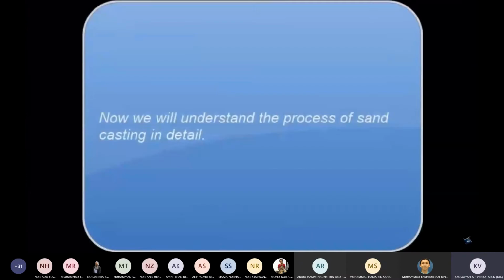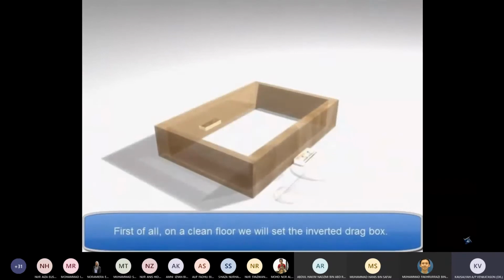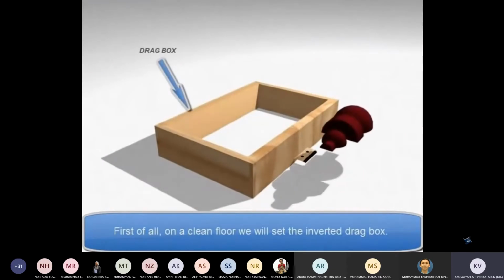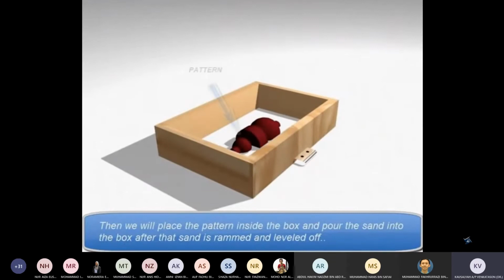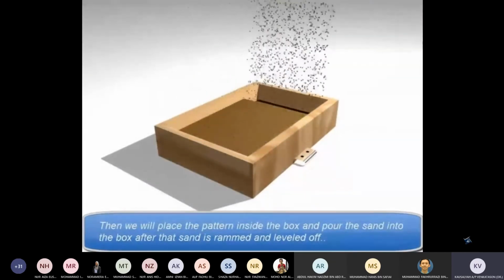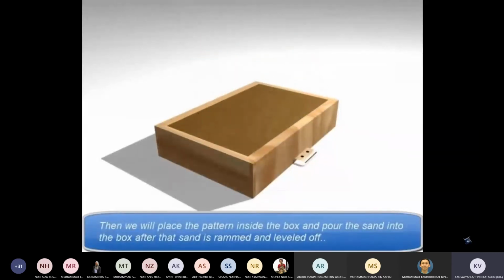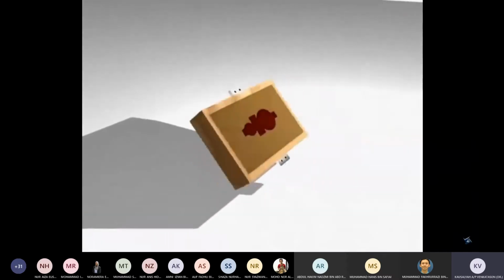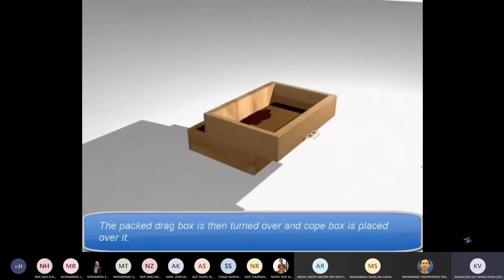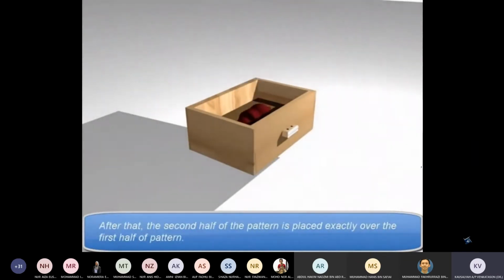The internal engine parts are also made of sand casting. Now we will understand the process of sand casting in detail. First of all, on a clean floor, we will set the inverted drag box. Then we will place the pattern inside the box and pour the sand into the box. After that, sand is rammed and leveled off. The packed drag box is then turned over and the cope box is placed over it.